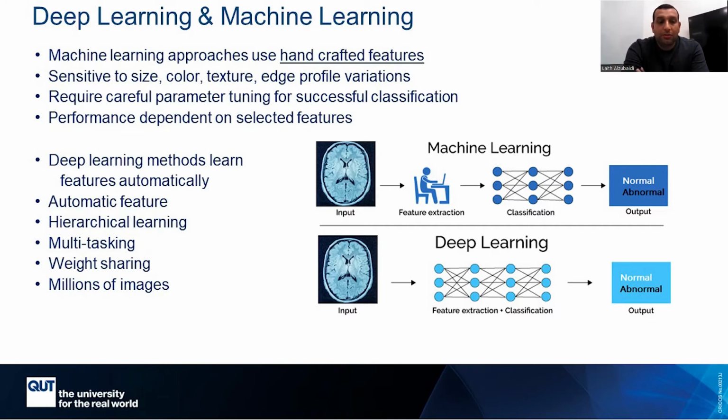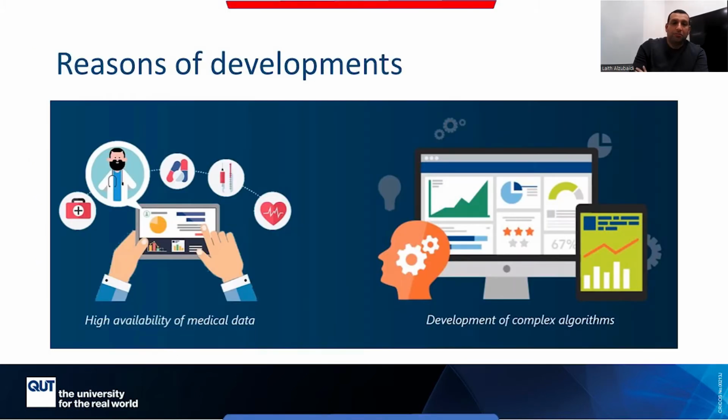Deep learning learns the features automatically and can deal with several tasks and millions of images, just like we saw for the ImageNet dataset, showing a really huge ability to deal with classification, for example. But the problem with deep learning is that it requires a large amount of data in order to learn.